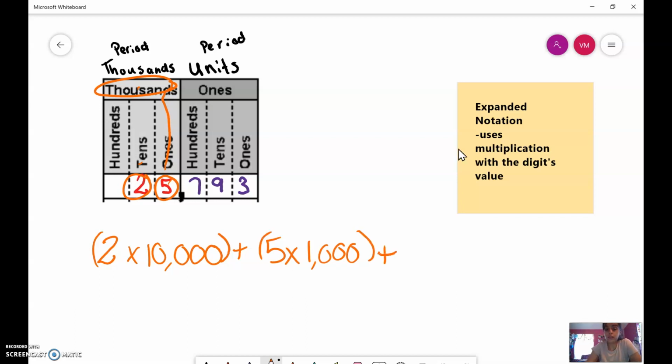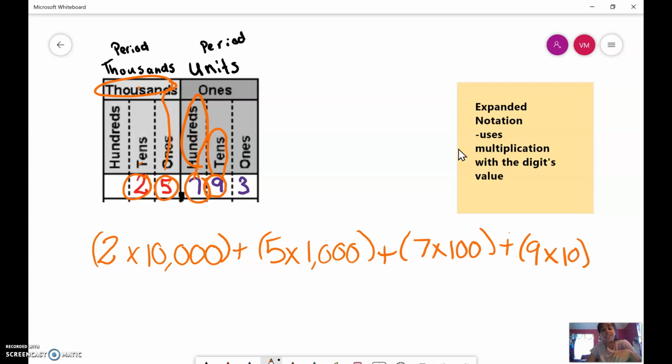Then I'm going to continue, but now I'm in the units period because the comma already passed. I have 7 of the hundreds, so I put parentheses 7 times 100. If you think about it, 7 times 100 is 700. Then I have 9 of the tens, so I have 9, and each of them is worth 10. So that's why I'm putting times 10.